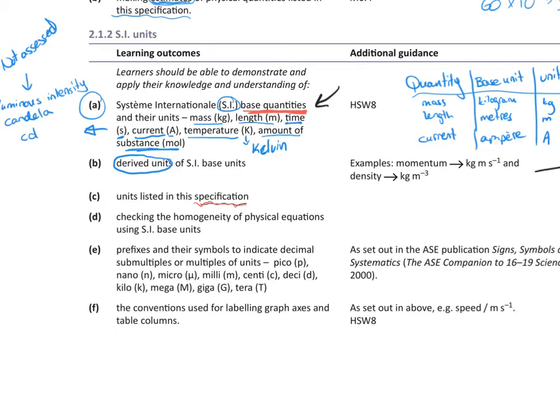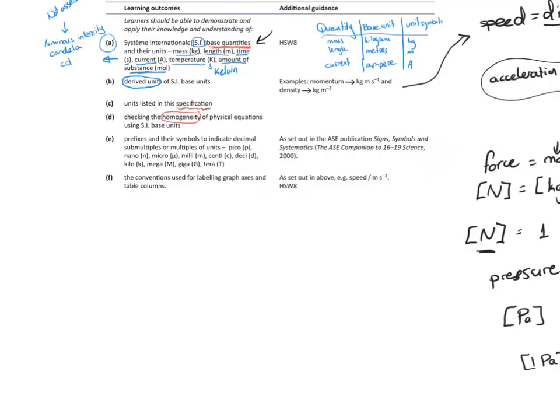Now, checking the homogeneity of physical equations using SI base units. This is a very important part. I know this sounds like a fancy word. It is a bit. So homo means same. Genos is the same thing as kind.